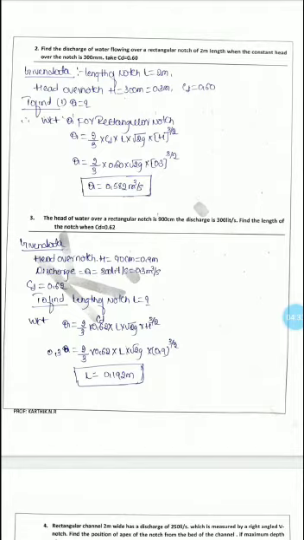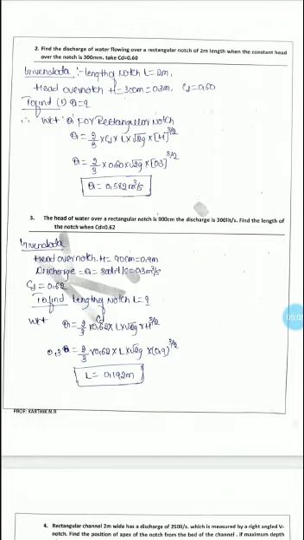The head over the notch is given as 900 centimeter, so it is 90 centimeter. Then discharge is 300 liters per second. We need to find the length, with CD equal to 0.62 for the rectangular notch. These are the given data.